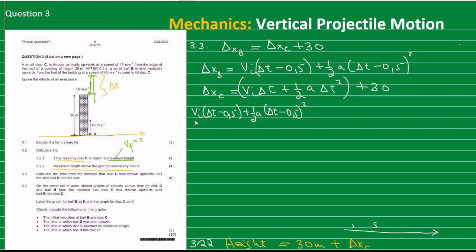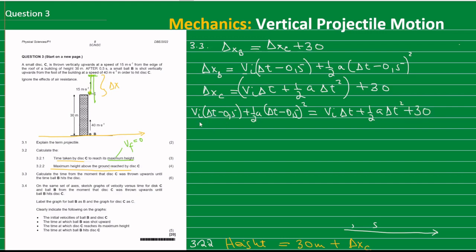This is the displacement of ball B, equal to the displacement of ball C, because for ball B to hit disk C they must be at the same height: vi delta t plus half a delta t squared plus 30.